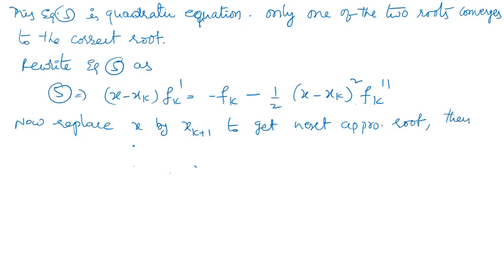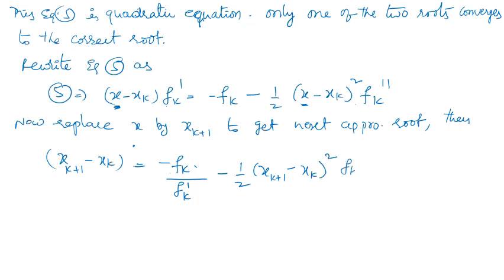Then what does the equation become? Only x gives the root value, so replace x by xk plus 1 to get the next root. Then xk plus 1 minus xk equals, taking fk dash also onto the right side, minus fk by fk dash minus 1 by 2, xk plus 1 minus xk whole square fk double dash by fk dash.